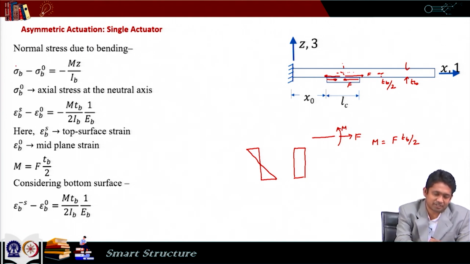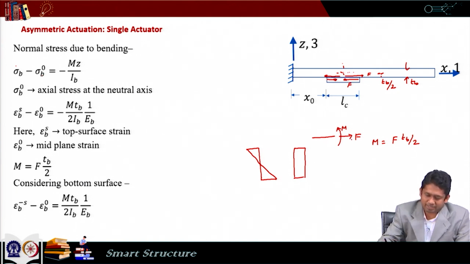So, this is the total stress and this is the axial stress due to the axial force F. Now, this epsilon b0, which is the strain due to this axial force F, is constant over the thickness. So, if I subtract this, I get my bending stress. Now, bending stress in terms of bending moment is minus Mz by Ib, which we have seen before.